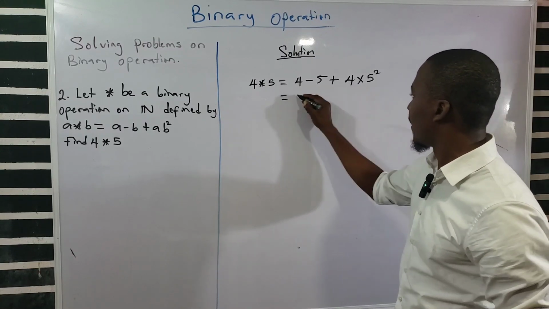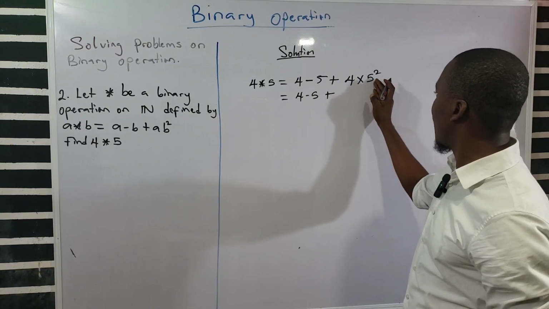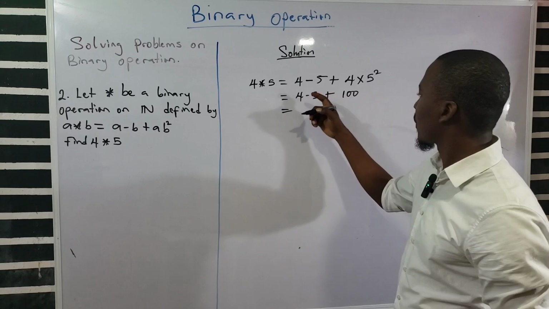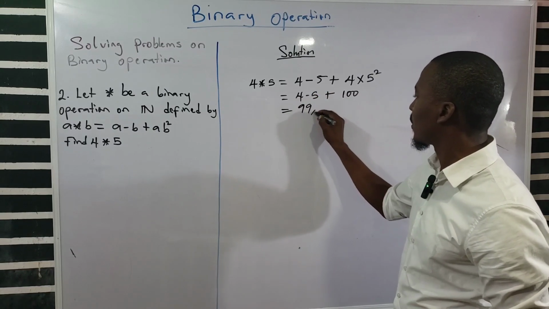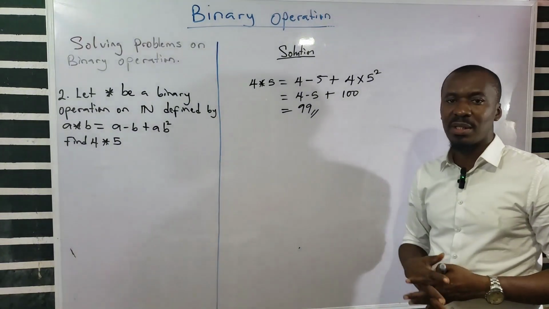Okay, let's multiply first. So 4 minus 5 plus this is 25. 25 times 4 will give us 100. So this will give us minus 1 plus 100, that's 99.